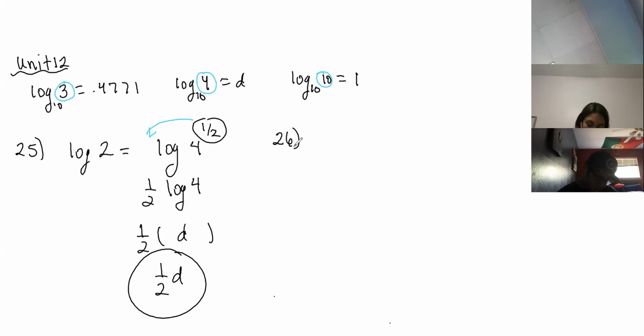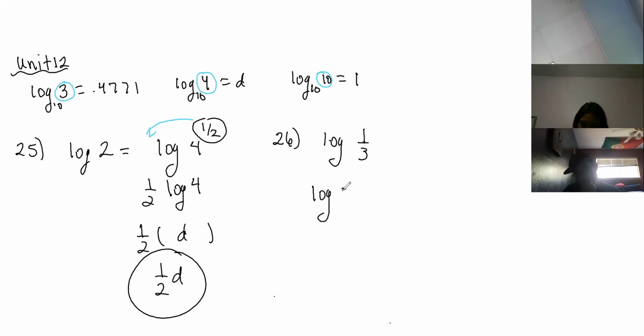Okay, 26 is log of 1/3. And what can we do? Log of 3 raised to what power? -1. And same as before, I'm not ready to plug in until I get rid of that exponent. What do I do with it? You said it earlier.